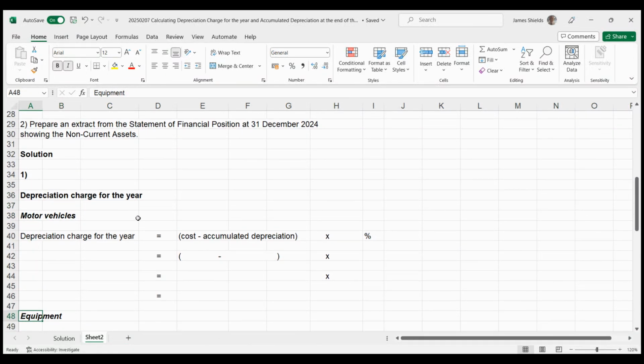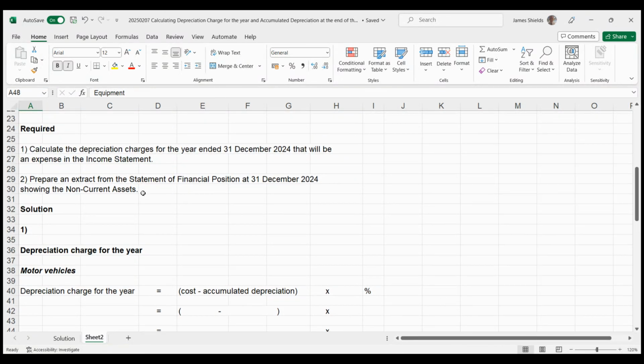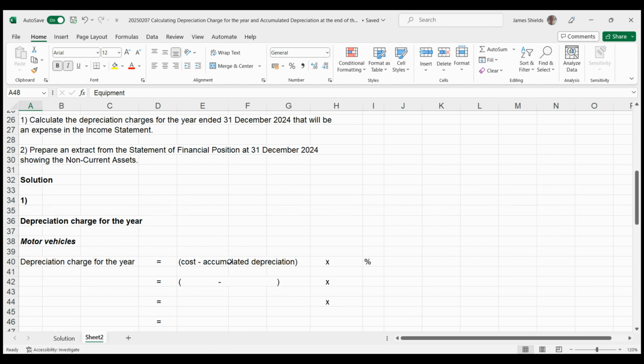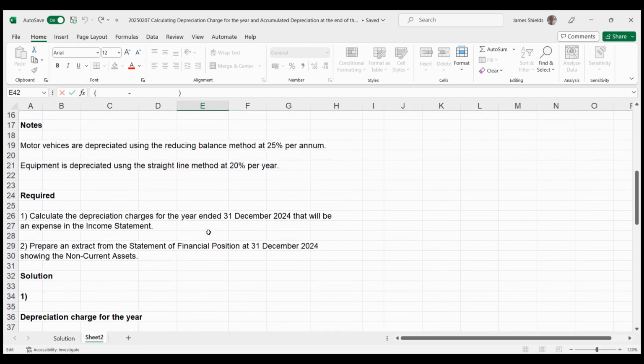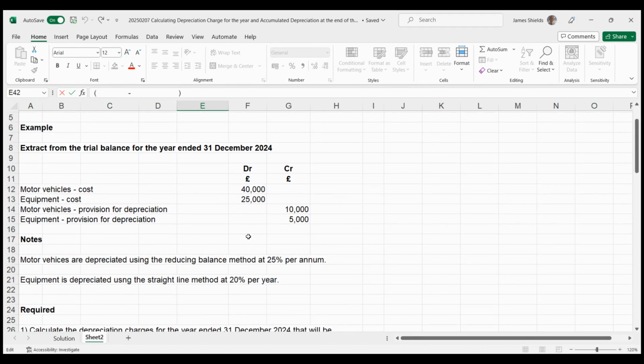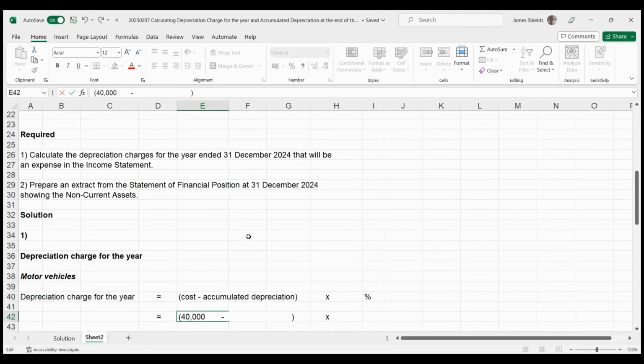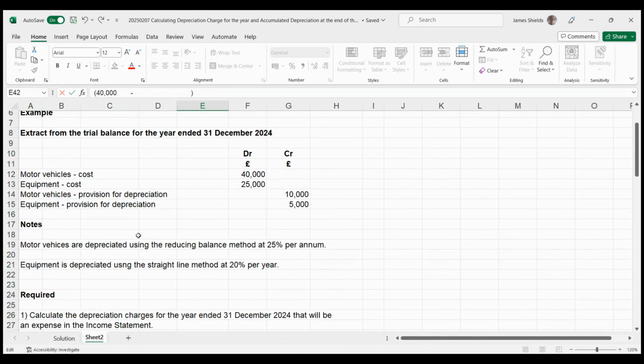So the depreciation charge for the year for motor vehicles, it was on the reducing balance method. So that's your cost, take away accumulated depreciation, times the percentage. So the cost, we go back to the trial balance. The cost of motor vehicles was £40,000. Going to take away the accumulated depreciation. As I said before, that's the figure in the trial balance, motor vehicles provision for depreciation £10,000.